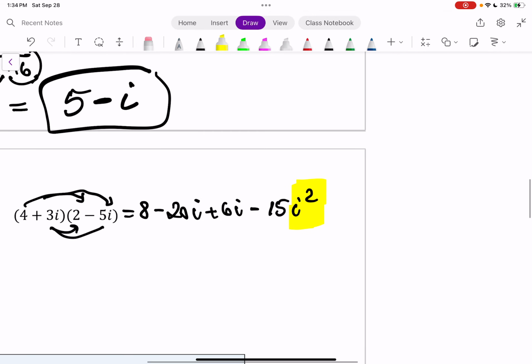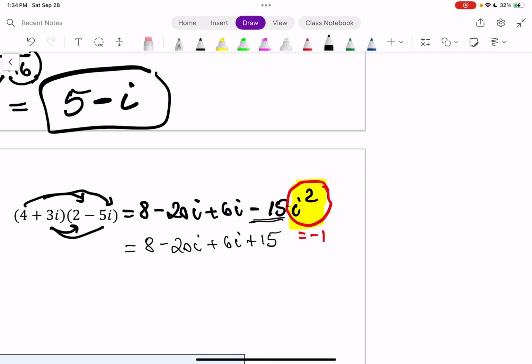So here it is. i squared should be replaced with a negative 1. And so when we replace it with a negative 1, negative 15 times negative 1 switches over to a positive 15. Okay.